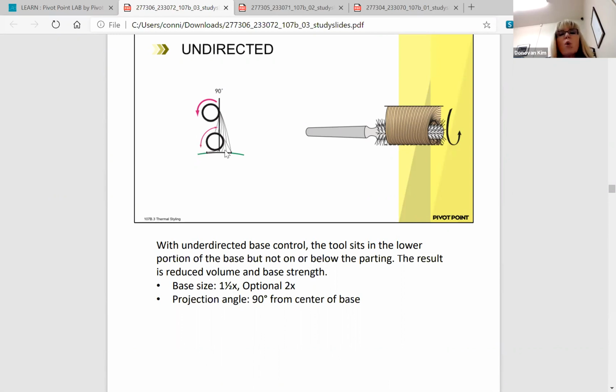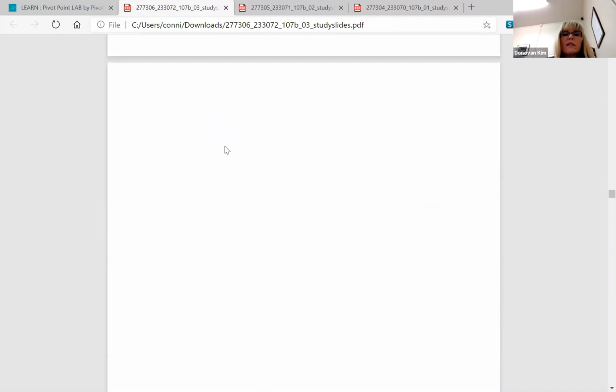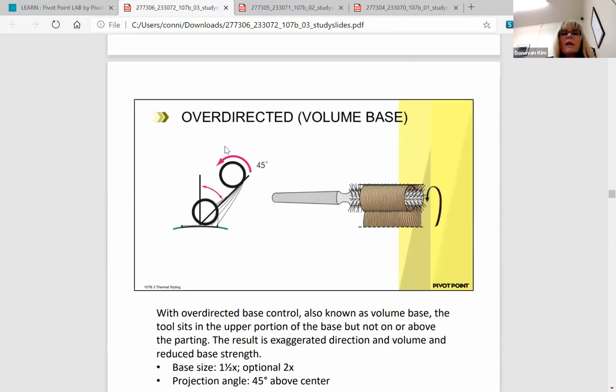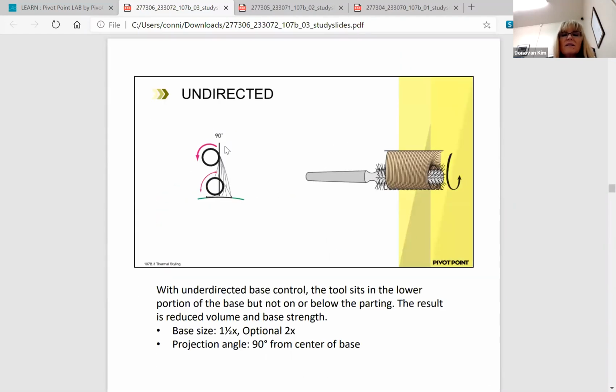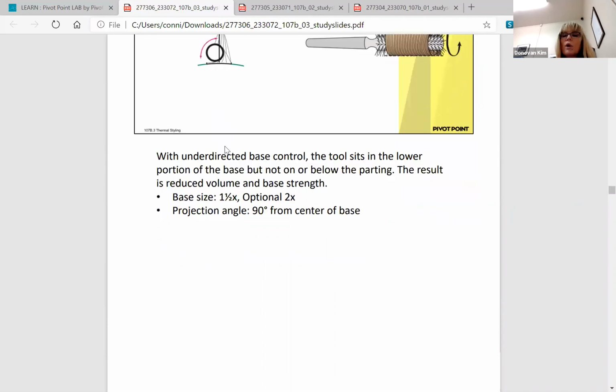So when this is rolled down, it's sitting in the back part or the top part of our base, not off of our parting. That's under directed, and this is going to give us reduced volume, not a lot of volume.